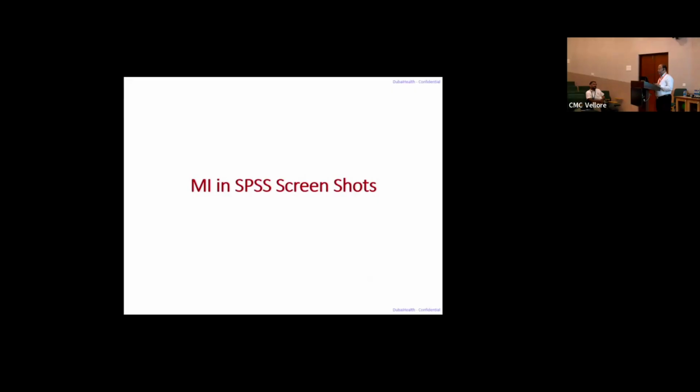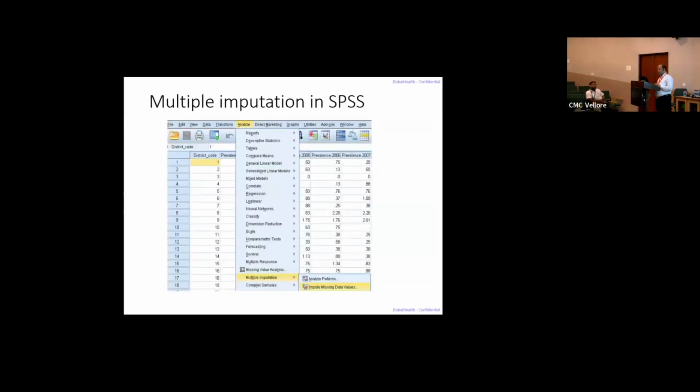The surveillance data had a lot of missing observations, so we helped NACO impute the data using this method. I was asked to train them on how to do it. These are all the screenshots, which we will give to you so you can use them in SPSS if you have it.